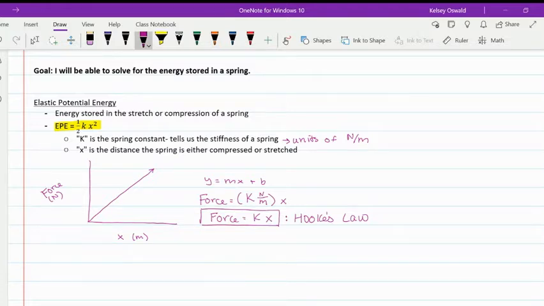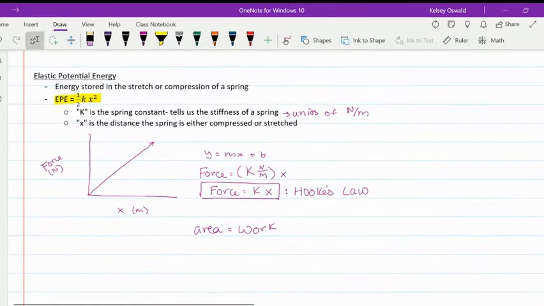If we think back to earlier lessons, we also know the area of that force versus displacement graph is equal to the work that we are doing. And remember, if you think back to last Friday, the work is how much energy we are either adding to our system if we're doing positive work, or removing from our system if we do negative work. So the area is equal to our work, but it's also going to tell us how our energy is changing.